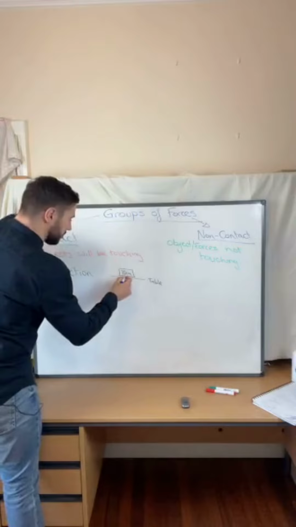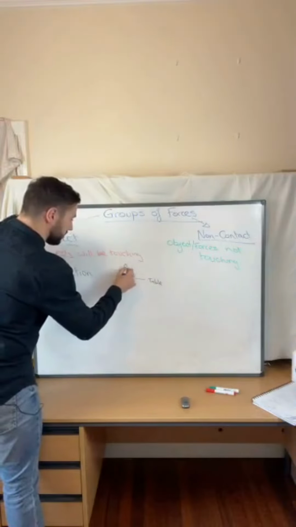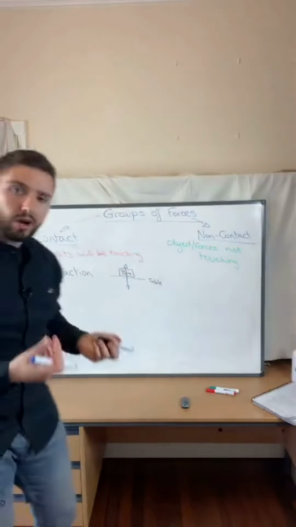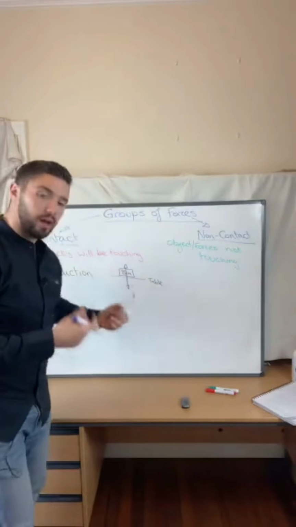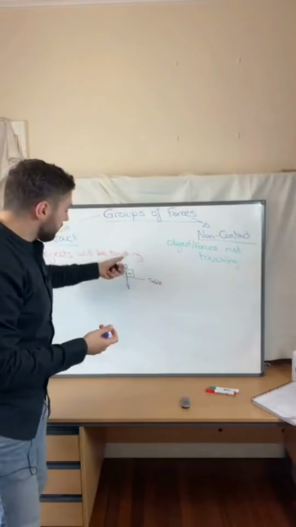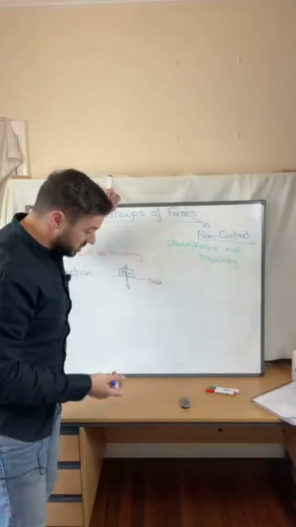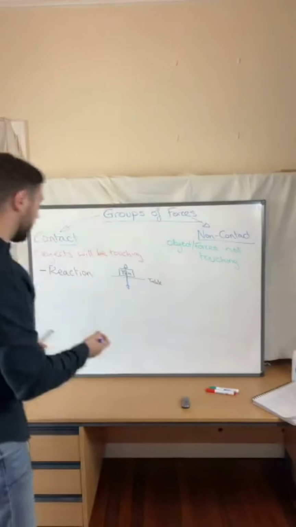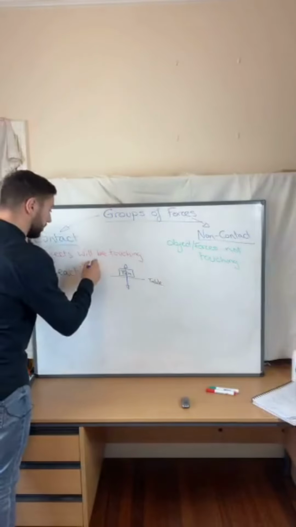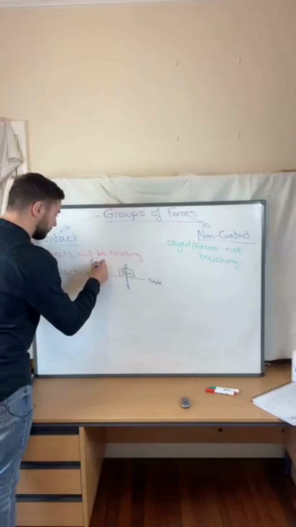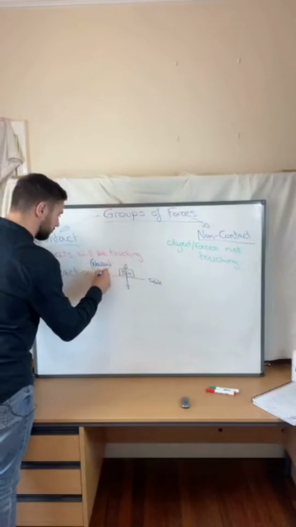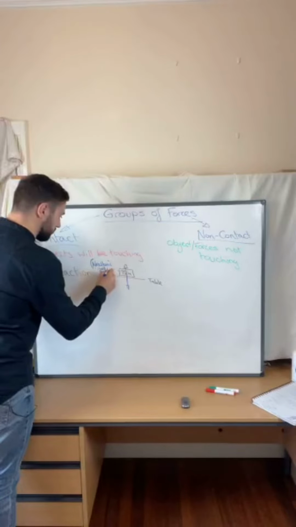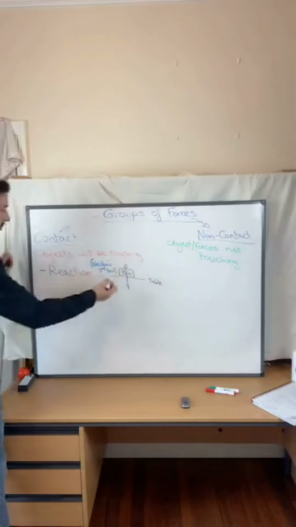Then the table is also acting upwards on the box. Okay, so this is where Newton's third law applies, where we're talking about an equal and opposite force. Because if they weren't equal, then the box would just slam straight through that table. So there has to be a force acting up against it. So that's where we bring in Newton's third law. Okay, so that would be reaction.